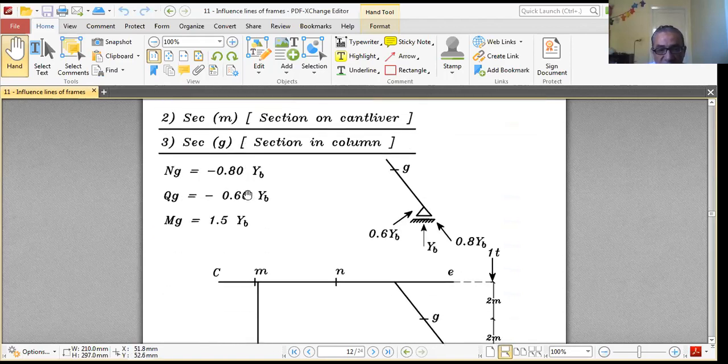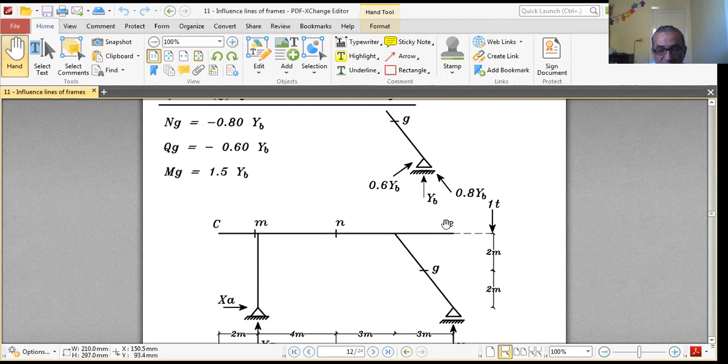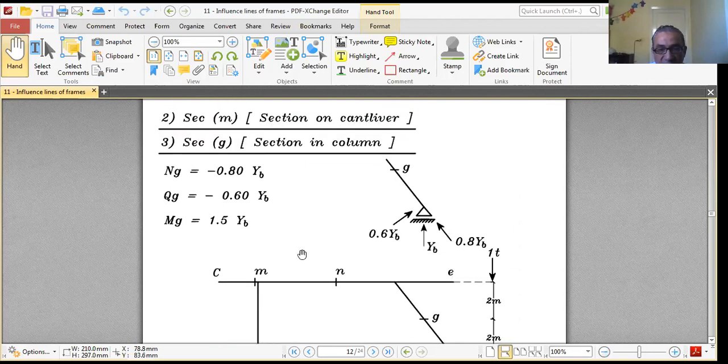For section M, we have the reaction Y_B here, so it's 0.6 Y_B this way and 0.8 Y_B along the axis.